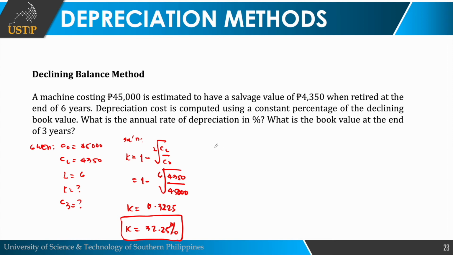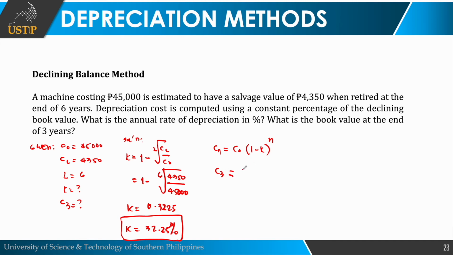Next, we need to find C sub 3. In our formula, C sub n is equal to C sub O times (1 minus K) raised to n. That is just C sub 3. Everything is given, and we already have K, so it's easier.